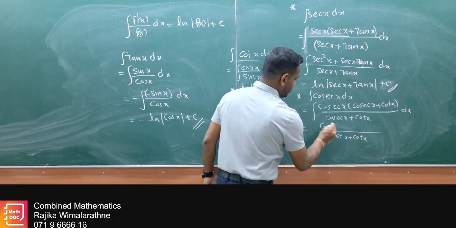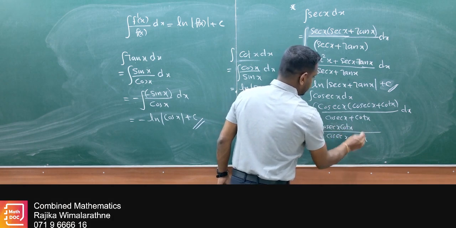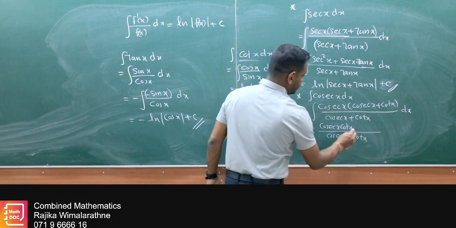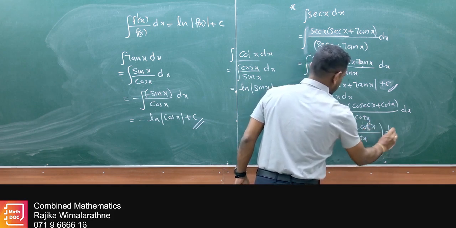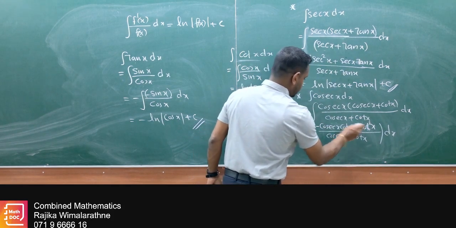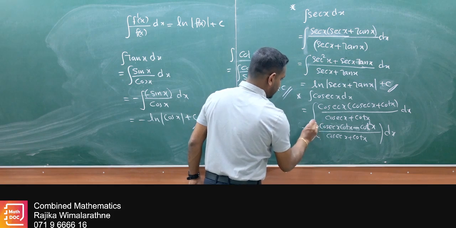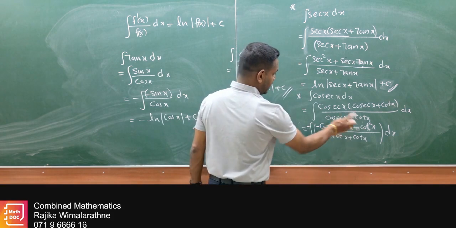But anyway, write it: cosec x, cot x. Cot derivative is minus cosec squared, and cosec derivative is minus cosec cot. So you put minus, minus. To remove that minus, you put the minus outside. Now minus minus you can cancel.